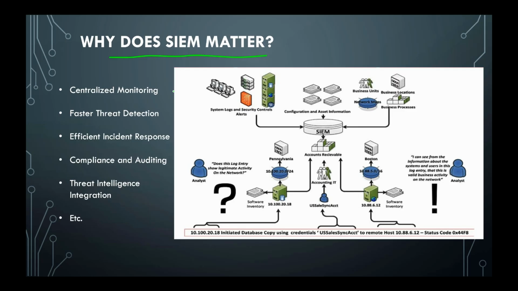So this is a sophisticated environment, you can say. Here we have a lot of IT systems like endpoints, servers, databases, firewalls, right? So SIEM collects all this data and events, and also we have some configuration and asset information: business units, business locations, business processes, network map.